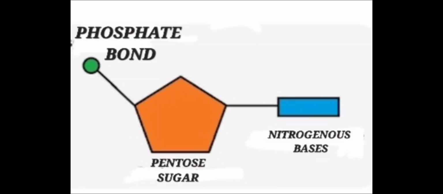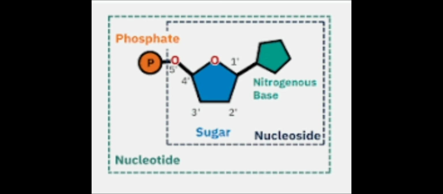Now, nucleotide and nucleoside. Nucleotides are the repeating units of a DNA molecule that contain a pentose sugar, a nitrogenous base, and a phosphodiester bond.